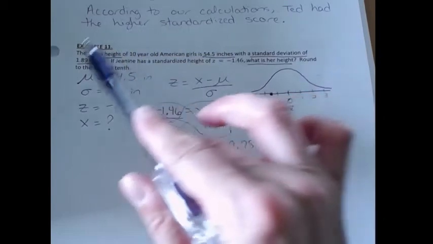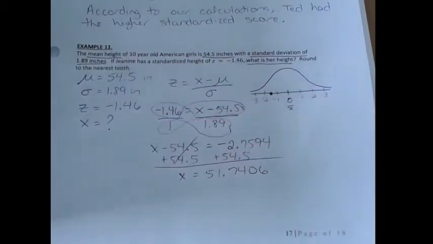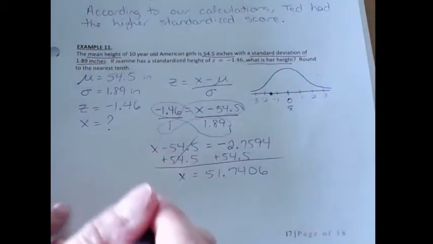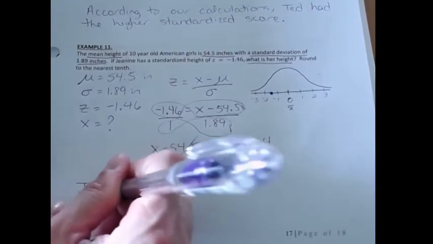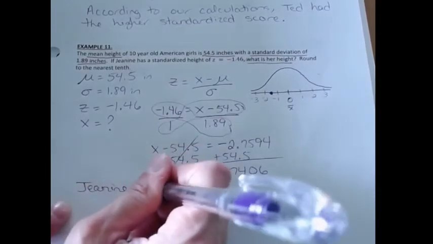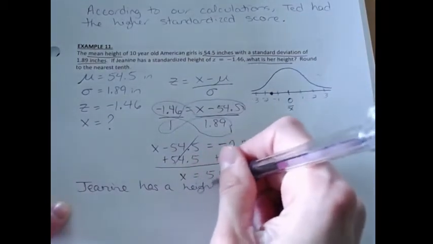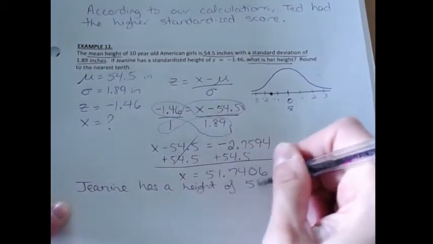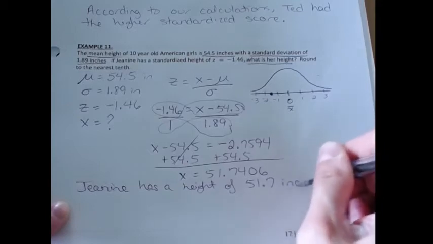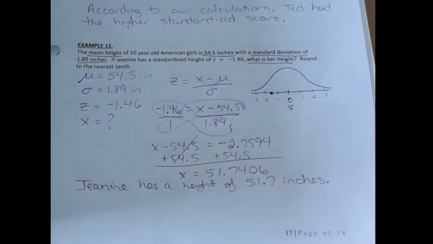Because we want to round to the nearest tenth, what we can say is that Janine has a height of 51.7 inches. And we have just answered example number 11.